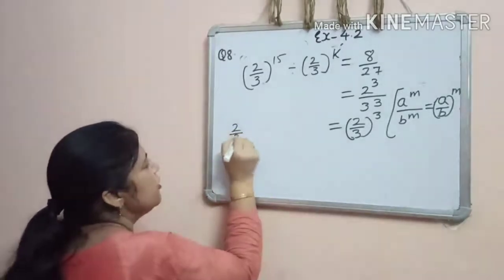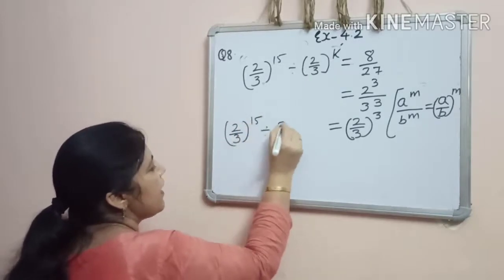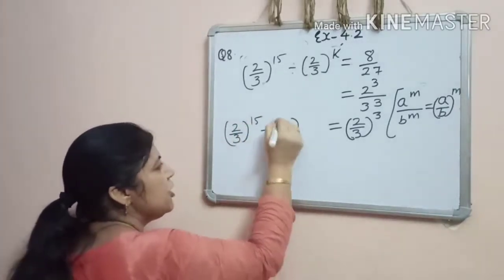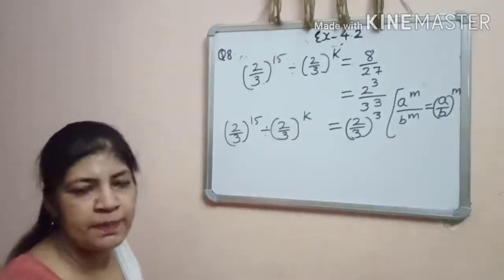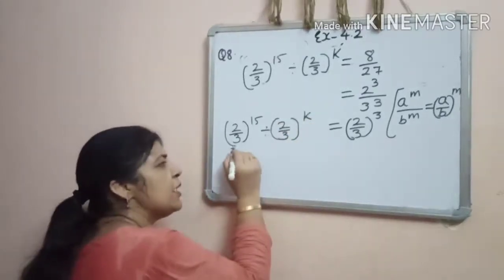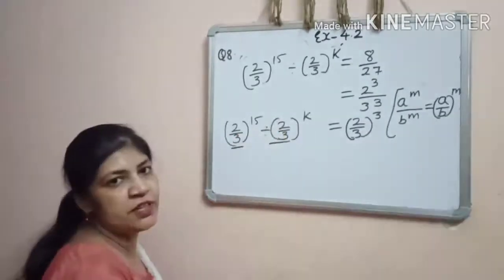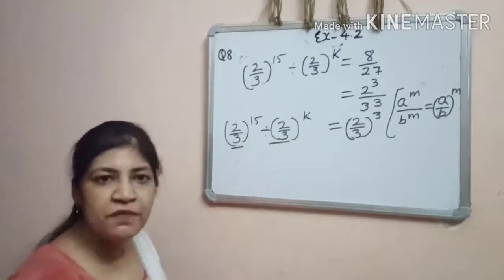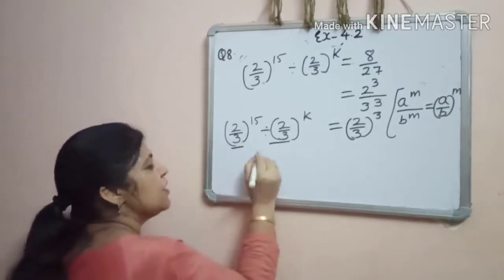So here 2 by 3 raised to the power 15 divided by 2 by 3 raised to the power k is equal to 2 by 3 raised to the power 3. Now here the bases are same. Powers are different. In case of division, we will subtract the powers.